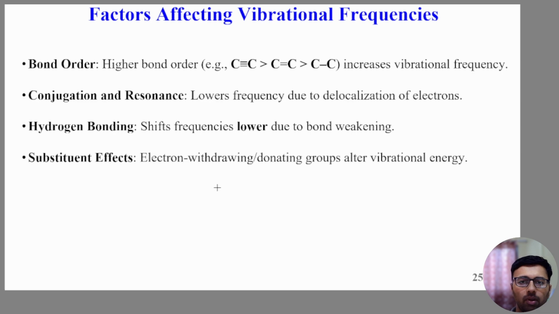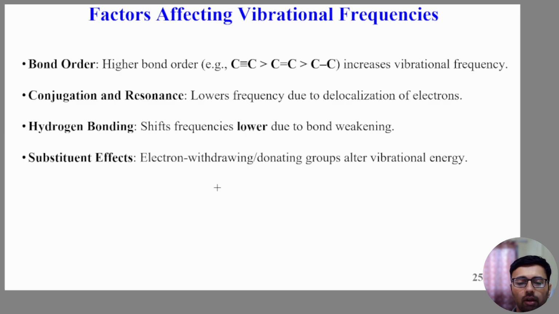Consider a normal carbonyl group, C double bond O. A typical isolated carbonyl absorbs near 1715 centimeter inverse. But what happens if the carbonyl becomes conjugated with a carbon-carbon double bond? The pi electrons become delocalized across the conjugated system.